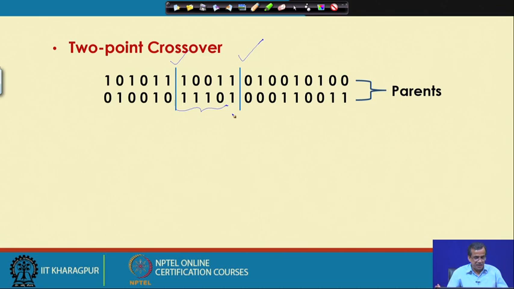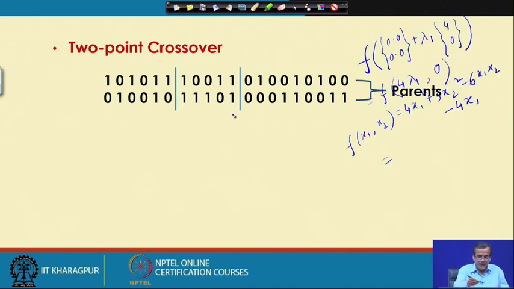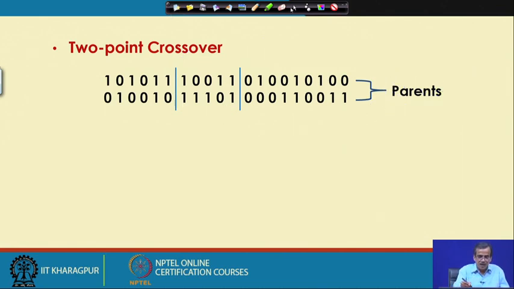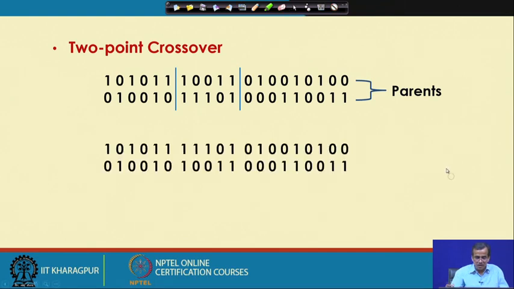If I follow this principle, I will get the children solutions like this. Here these bits are kept constant, and only whatever is lying in between the two crossover sites is swapped. So, starting from the two parents, I will be getting two children solutions using the principle of the two point crossover.